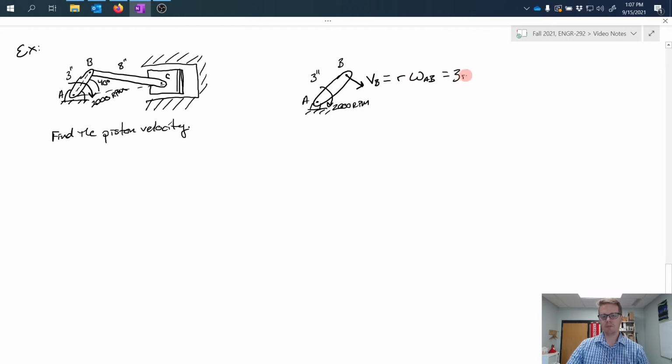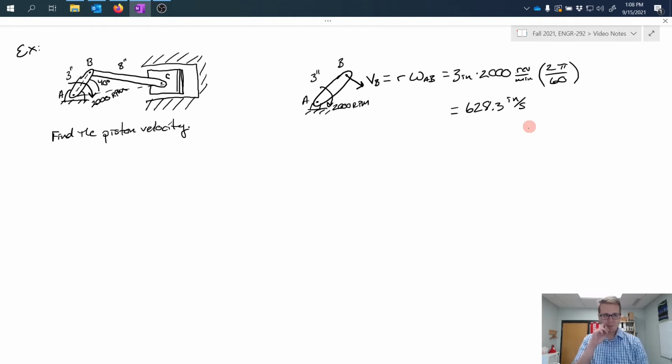For this problem, I have 3 inches as the length between A and B, and I'm going to multiply this by 2000 revolutions per minute, and then by 2 pi over 60, which converts revolutions per minute into radians per second. Multiplying that out, I get 628.3 inches per second as the velocity of point B. So we know pretty much everything about rigid body AB.